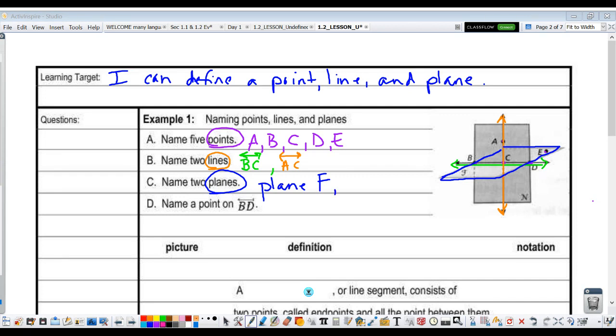And I could also say plane N, but for variety, and you don't have to, I'm going to use 3 points on plane N. So I can use B, A, and C. Notice that I can't use point E. Point E is not contained within plane N. So plane BAC or CBA.